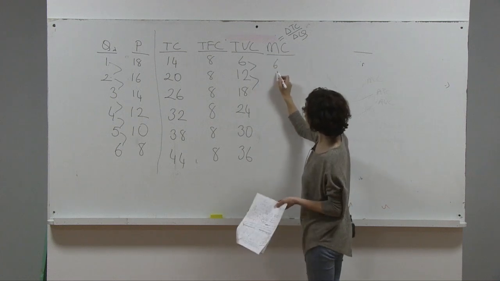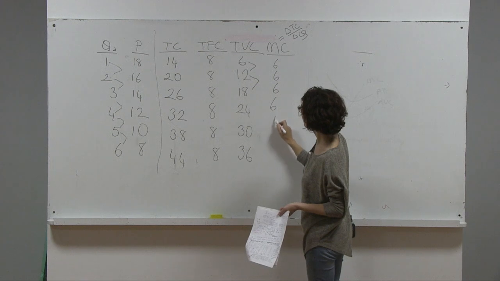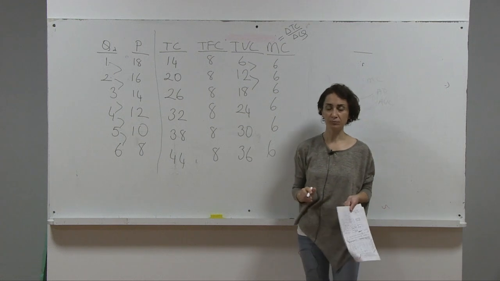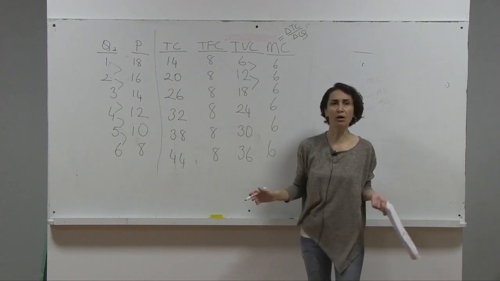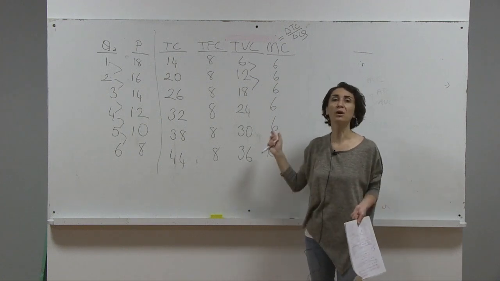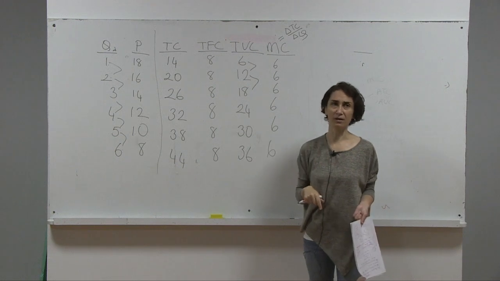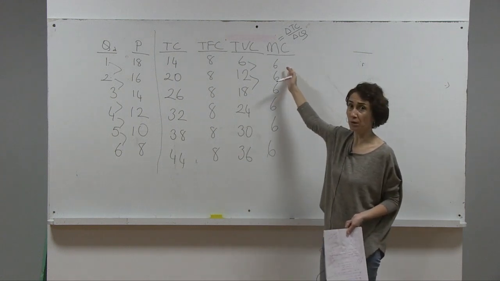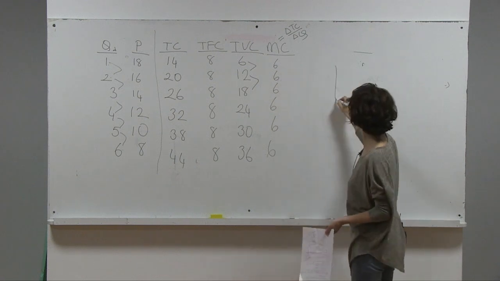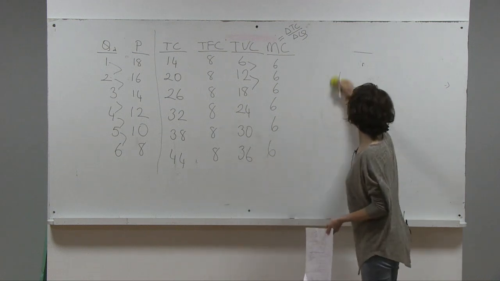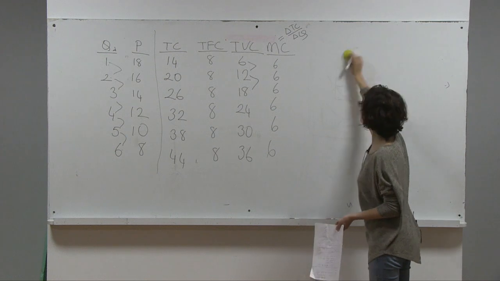Now, in this example I gave to you, marginal cost turns out to be constant. You might think this: why? Stop. Why is marginal cost constant? Just because, to start with a simple numerical example, there is no other reason. So this marginal cost curve doesn't look like our usual marginal cost curve. It looks more like a straight line. But just bear with me, the logic is the same.